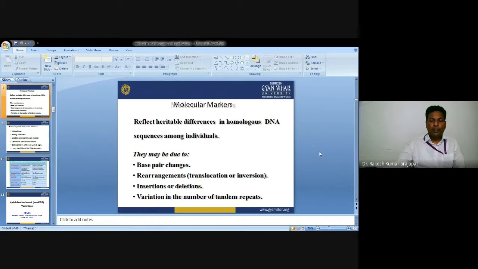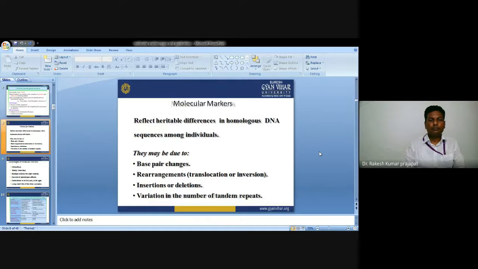Now, molecular markers. Molecular markers reflect the heritable differences in homologous DNA sequence among individuals. As I told you, molecular markers are sequence differences which are heritable according to the Mendelian inheritance pattern.